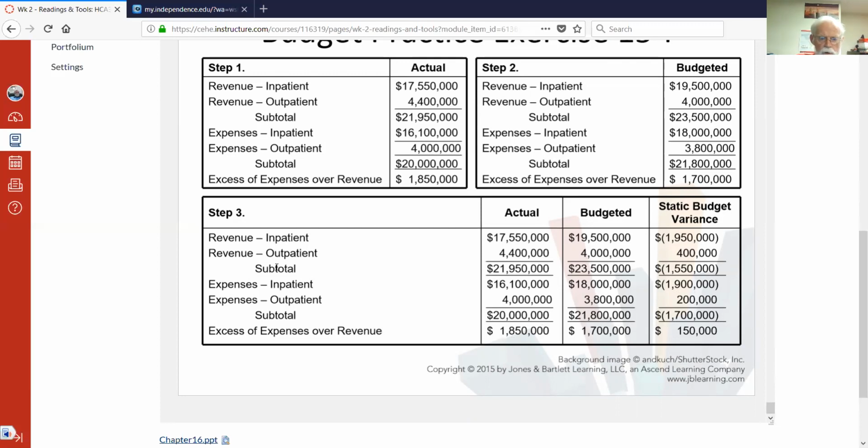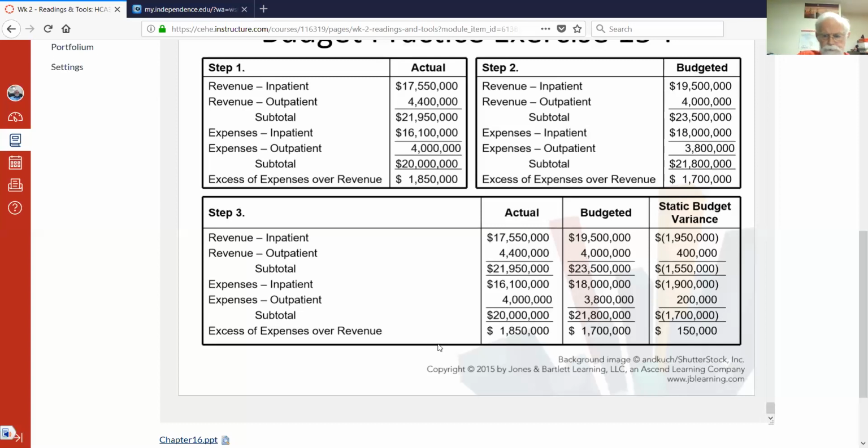So there are a lot of things that we look at, and we look carefully at the numbers, and we have to look at each of these classes. We've got inpatient and outpatient revenue, so our total revenues were 1.5 million or so below our budget. Expenses were higher for inpatient, lower for outpatient, so the total expenses were 101.7 million.